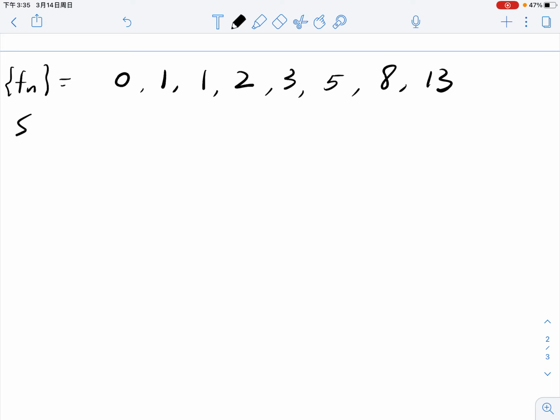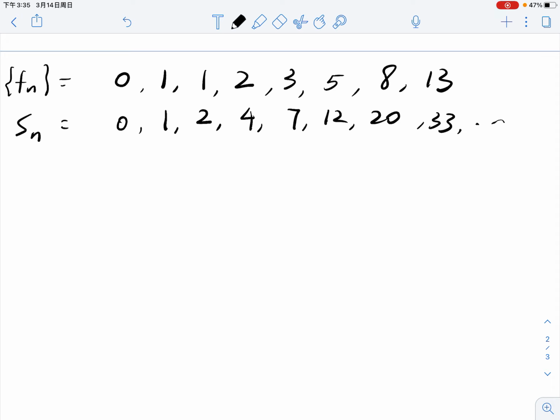Okay, now let's look at Sn. So for Sn, the summation of F0 is just 0, the summation of F0 and F1 is 1, and the summation of the first three terms is 2, and then you have 4, 7, 12, 20, 33, and so on.